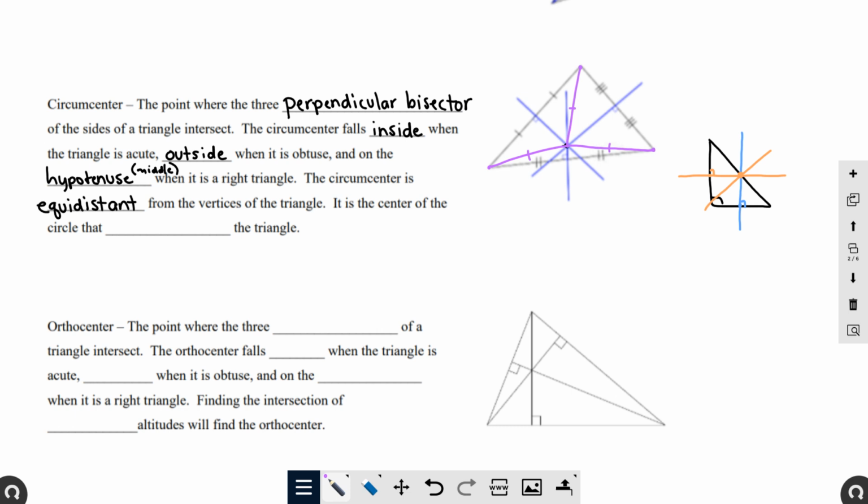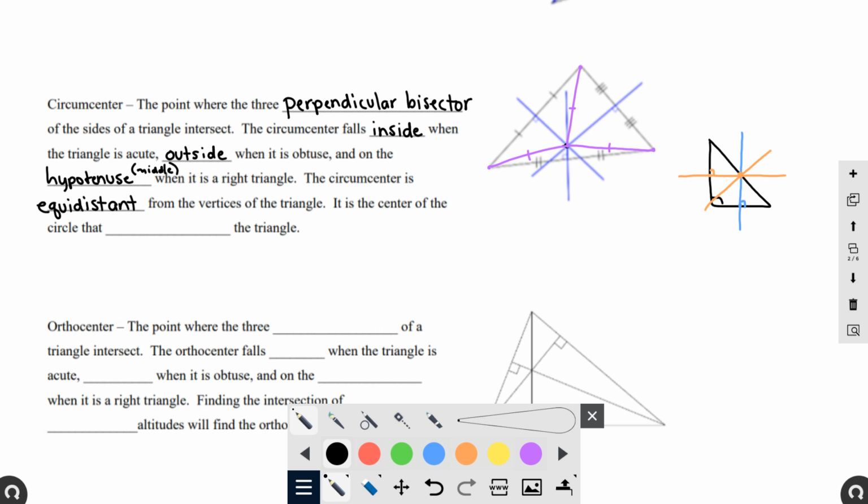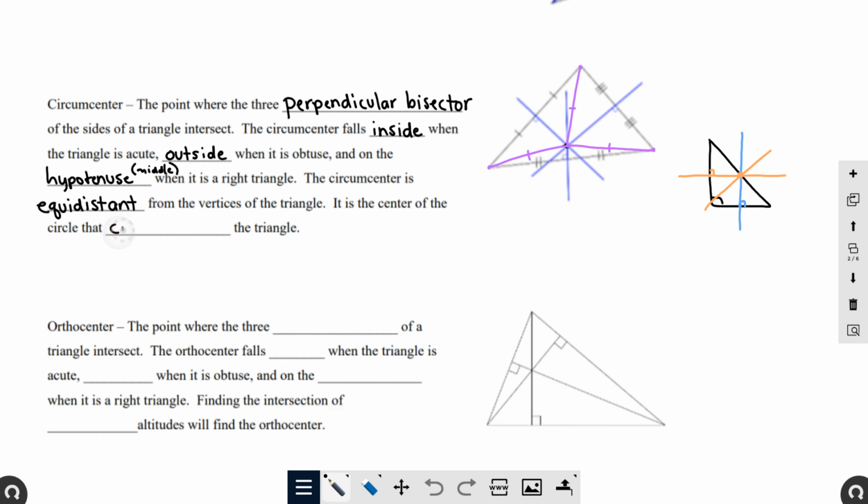So these three measurements that I've just drawn in will be the same length. So it is also the center of a circle that circumscribes the triangle. So what does that mean about the circle?